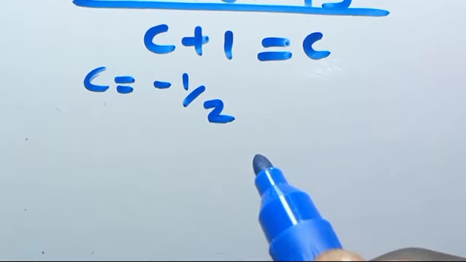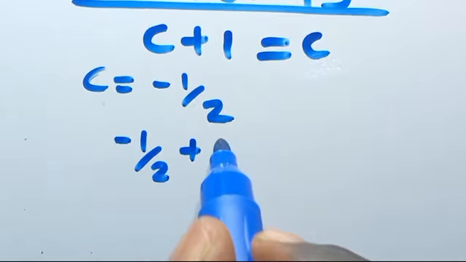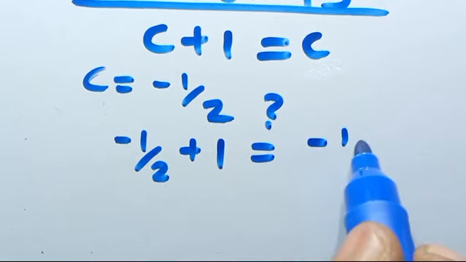So from here, we are going to have minus 1 over 2 plus 1. Then it's going to give us minus 1 over 2.